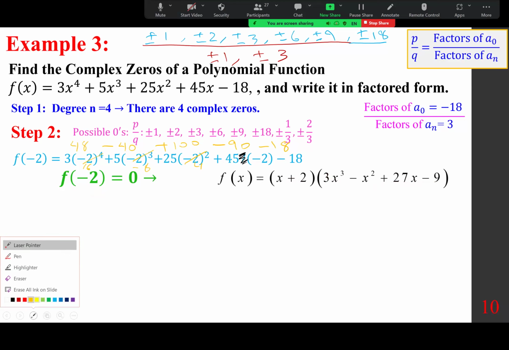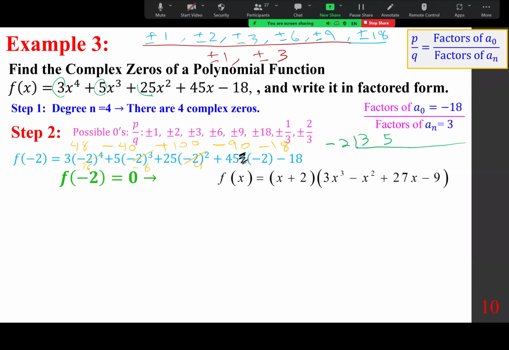So let's see, what color do we want to use? So we put here -2, and then here the first number is 3, then it's 5, then it's 25, 45, and the last one is -18.